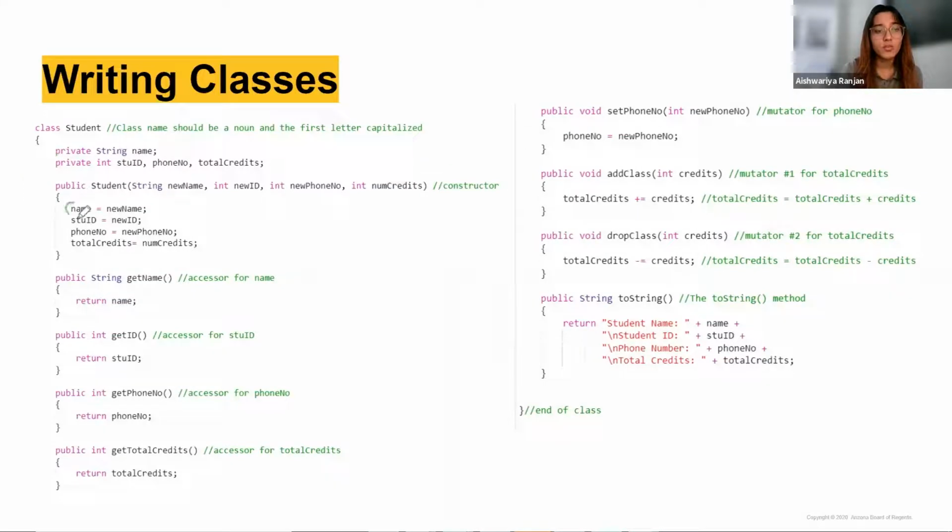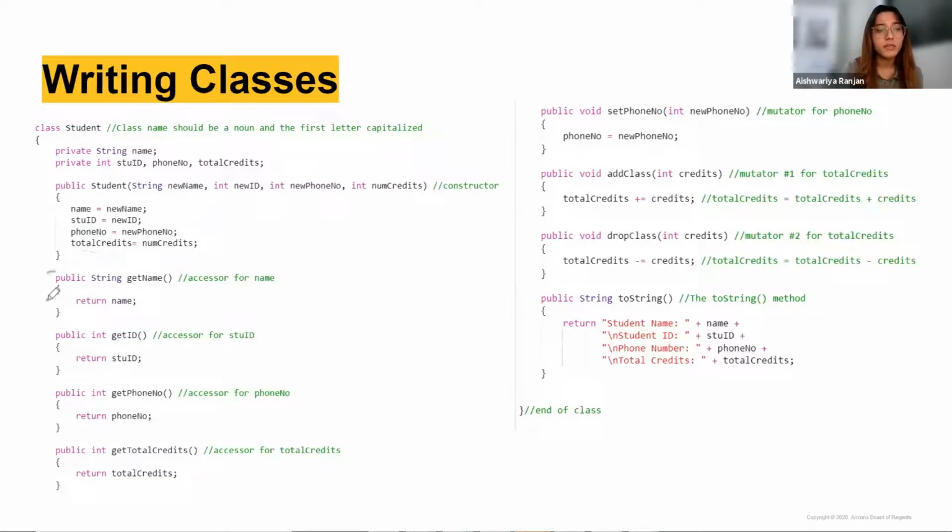Over here, you can access this variable because this method is part of the student class, so it can access a private variable. So this name gets copied into that basically. Then ID gets copied into student ID, new phone number into phone number, and num credits into total credits.